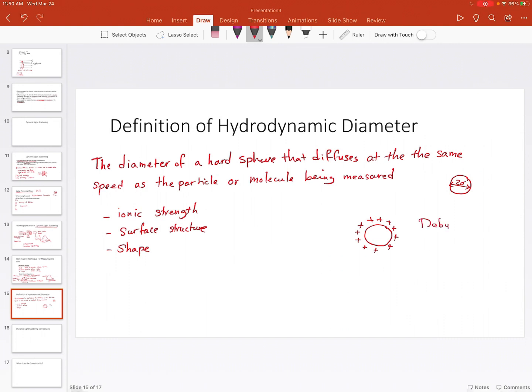There is a parameter that is called the Debye length. The Debye length is the thickness of the electrical double layer, the cloud of ions that are surrounding a particle. So the Debye length is the thickness of the cloud of ions.